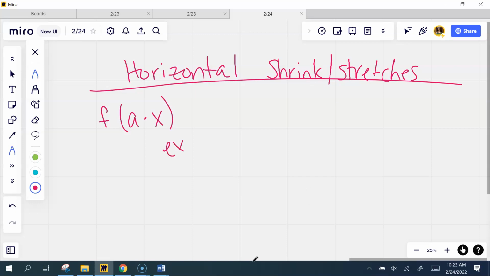So, for example, let's do an absolute value. f of x equals the absolute value of a x. Now for this one, everything is backwards. So if the absolute value of a is less than 1, what does it say happens then? It's a horizontal what?